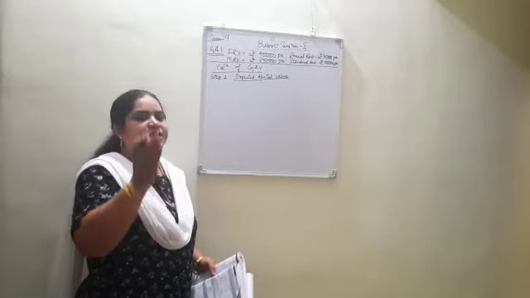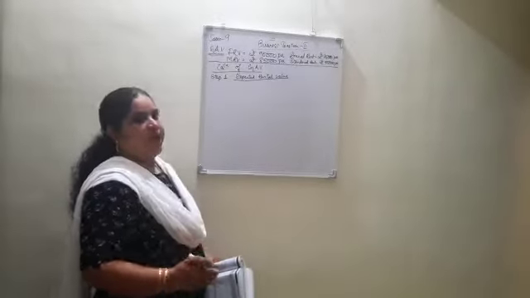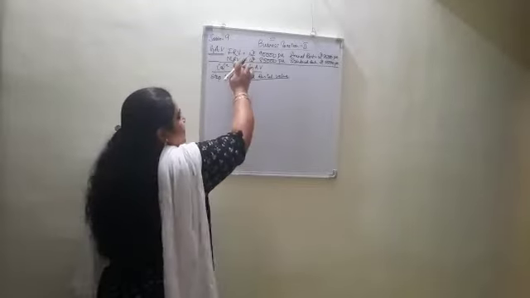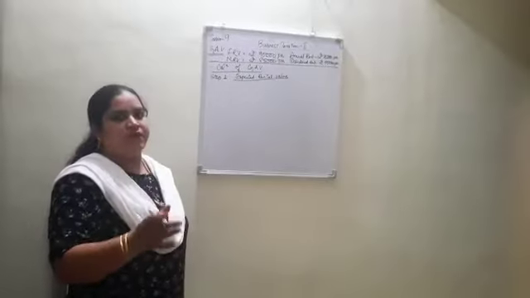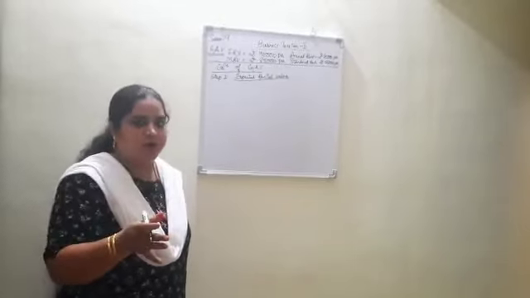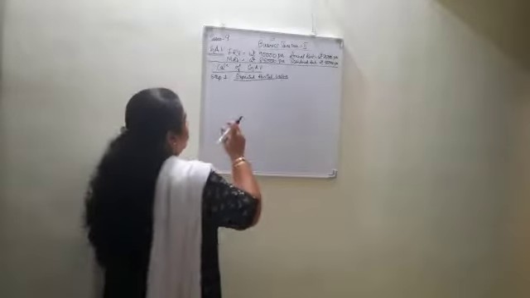What is expected rental value? When in the problem they have given you fair rental value, municipal rental value, and standard rent, how are you supposed to arrive at the expected rental value? Let me write here.